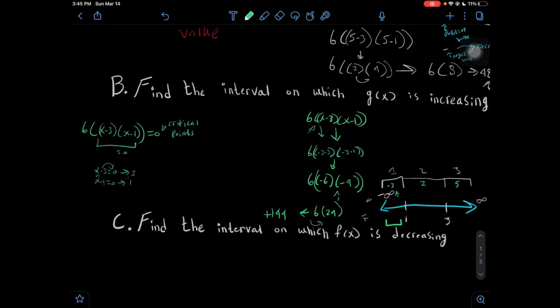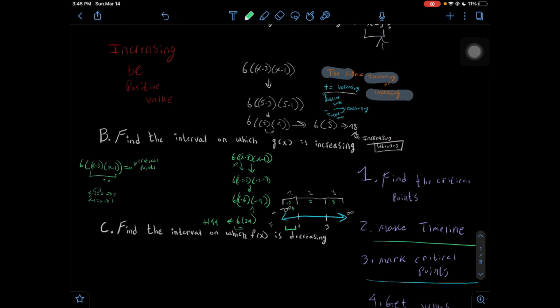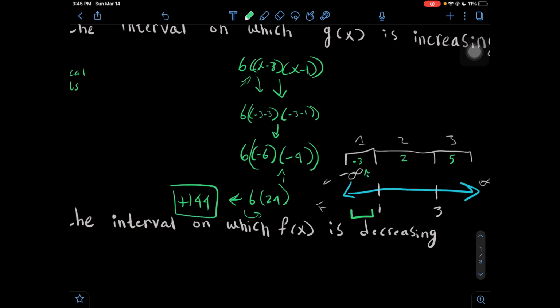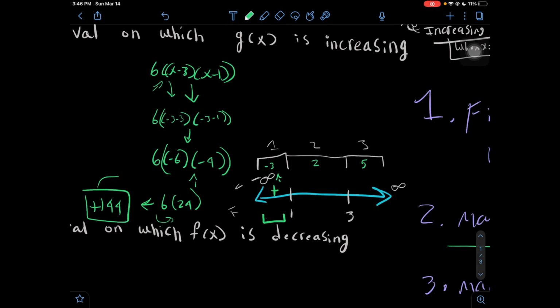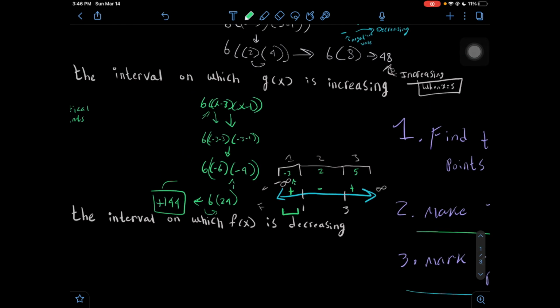Remember, the sign of our value is what determines if it's increasing or decreasing. We got a positive 144, meaning that in our first interval, we are increasing. If you can find one of the intervals, you should know that they alternate: positive, negative, positive. But you always want to check because you can always make a mistake in your calculations. So let's put this calculation to the side.